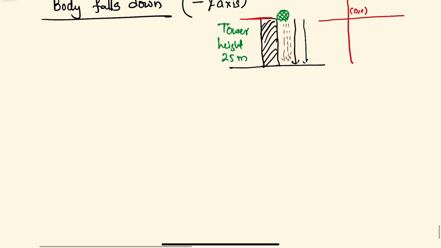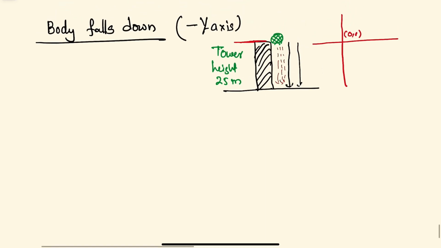So this is the equivalent graph where y and time t and 0 comma 0. Now this is indicating position and time along the negative y-axis as the body is falling down.